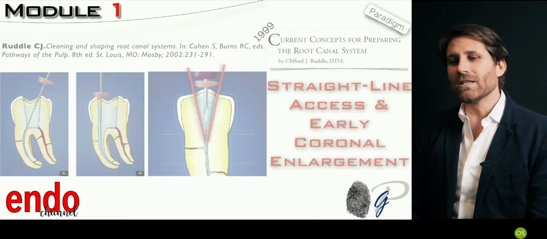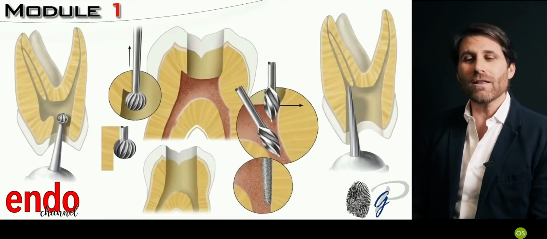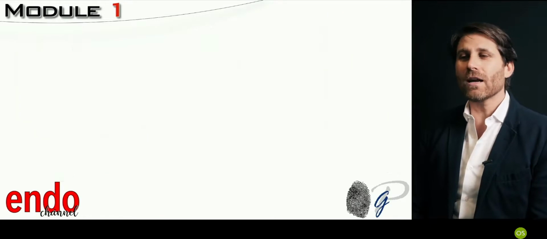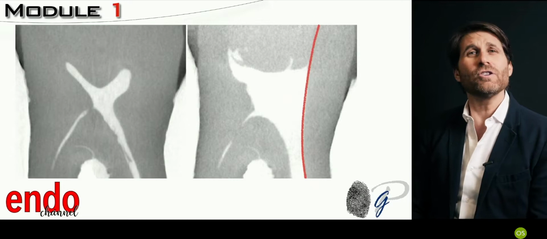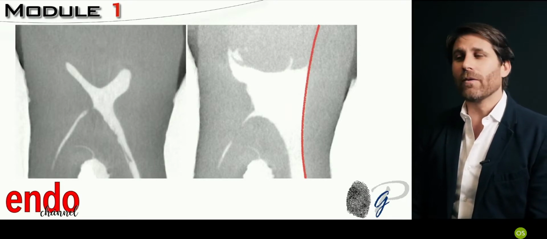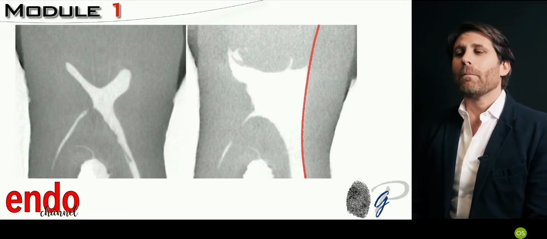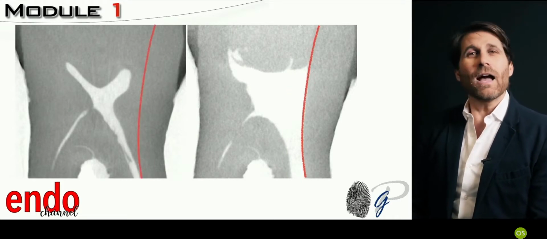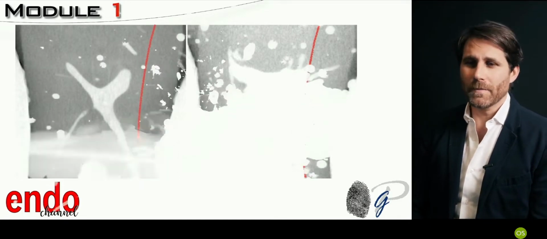So these images are something old. To make a straight line access, removing the coronal interferences, removing the triangle of dentin, to give the rigid stainless steel instrument a straight line access to the apex, was done because of the limit of the instruments, but it was a reduction of tooth structure that reduced the strength of the tooth.